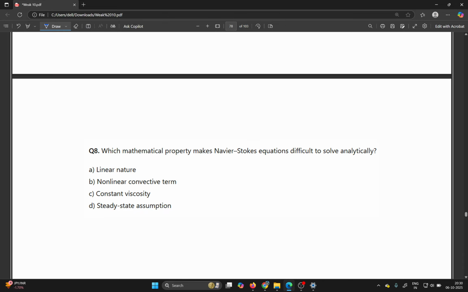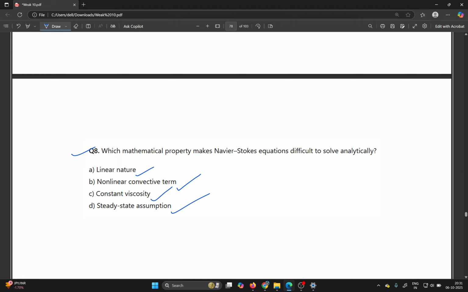Next question. Which mathematical property makes Navier-Stokes equation difficult to solve analytically? Very important question. Analytically means by solving the mathematical equations. Options: linear nature, non-linear convective term, constant viscosity, steady state assumption.